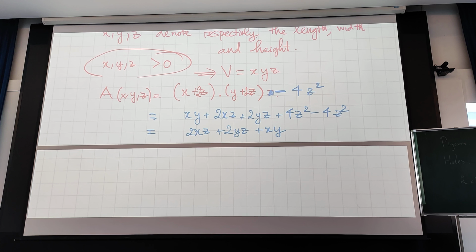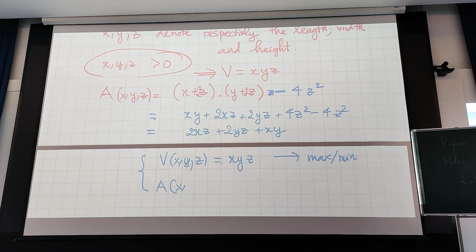So we want to maximize the function v of x, y, and z. That is a volume function, right? And we have the constraint.